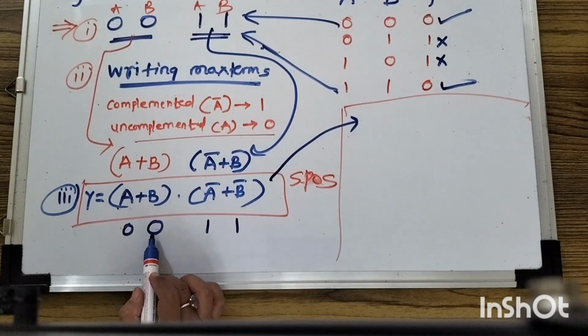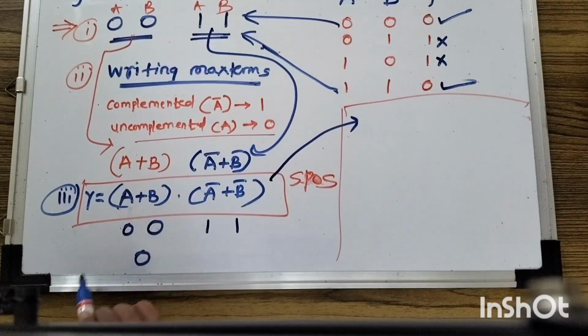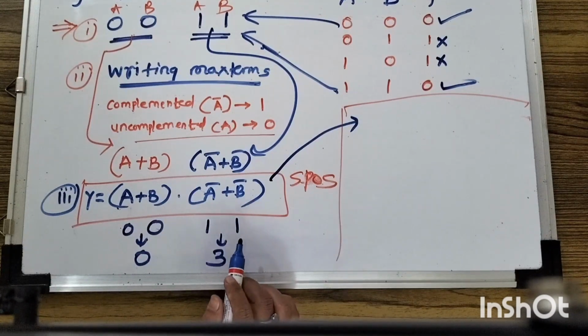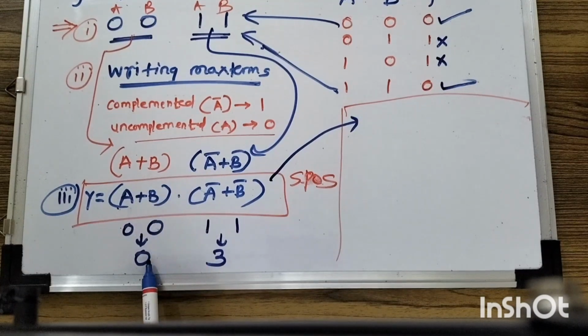For the binary value 0 0, the decimal equivalent is 0, and for 1 1 the decimal equivalent is 3. So we write the binary number associated with the max term, and then write its decimal equivalent.